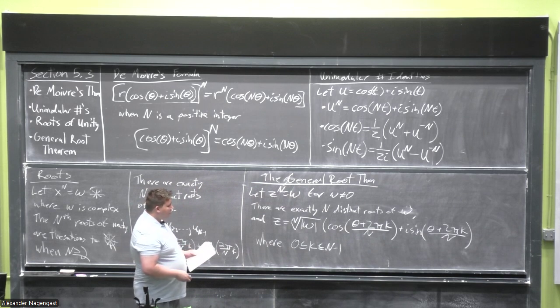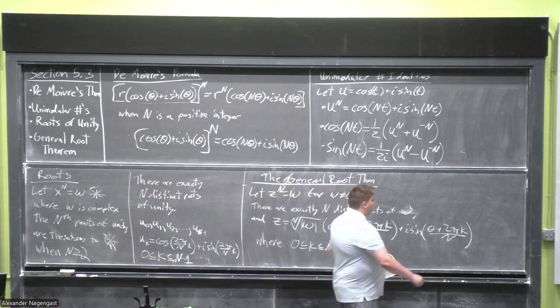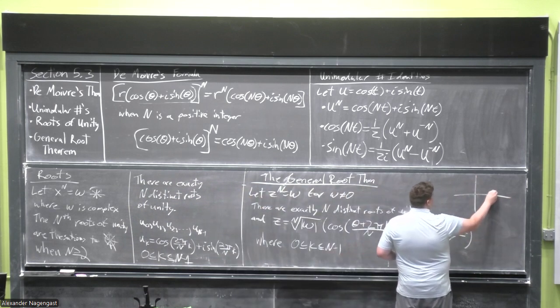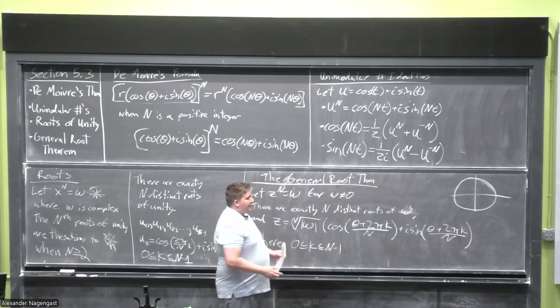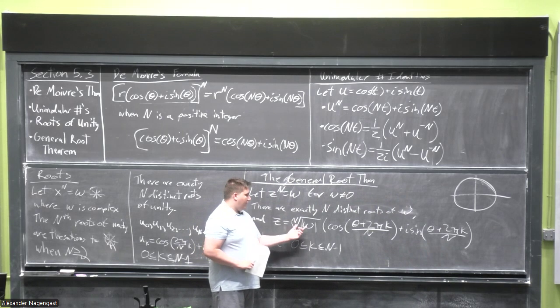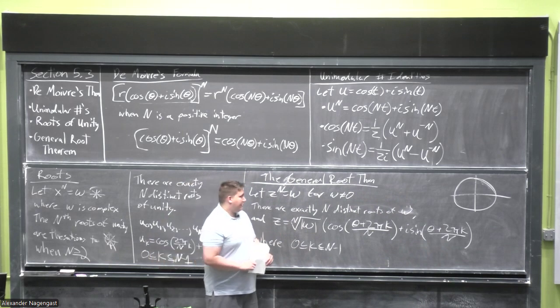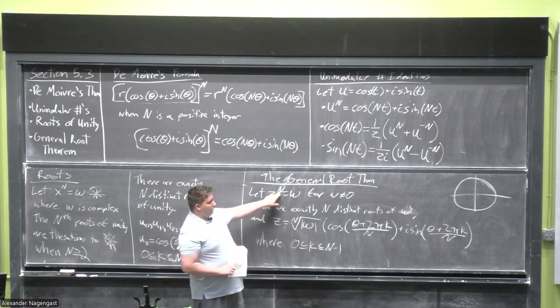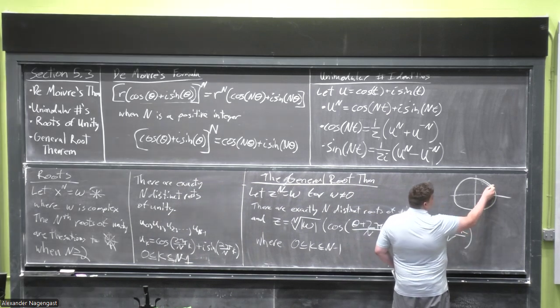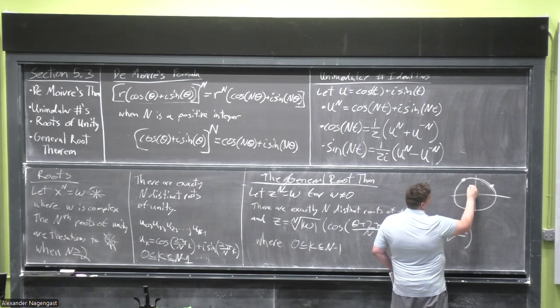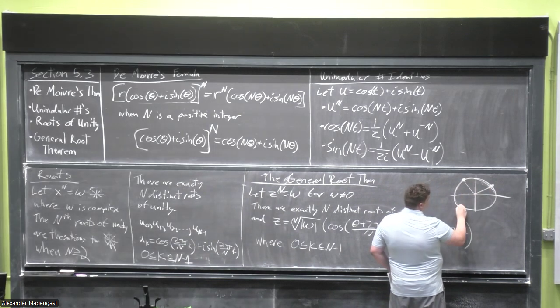So you can think of this as, if we have a circle, the radius is the magnitude of omega to the 1 over n. And that's to account for z to the nth power.